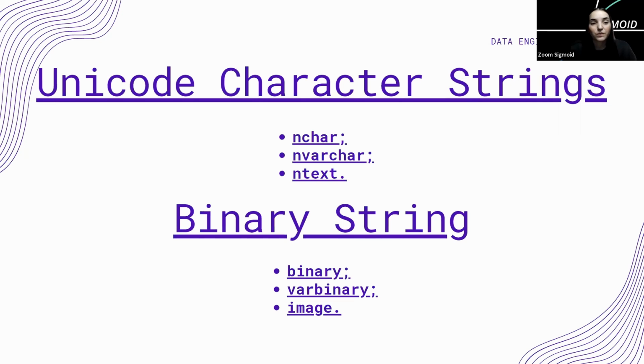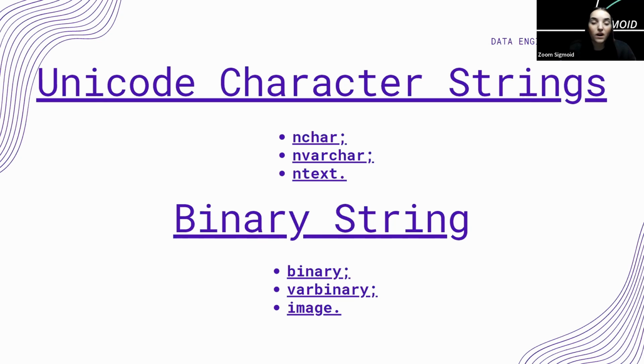Let's move next to Unicode character strings. Unicode character string data types store either fixed length, here we have nchar, or variable length, nvarchar, Unicode character data. Unicode is a universal character encoding standard that assigns a code to every character and symbol in every language in the world.